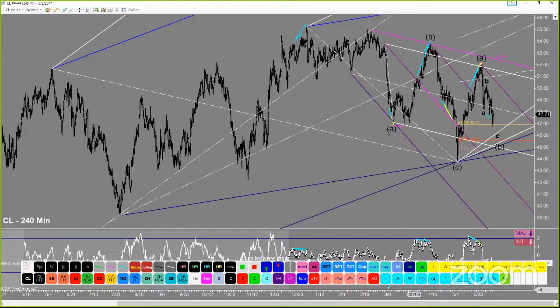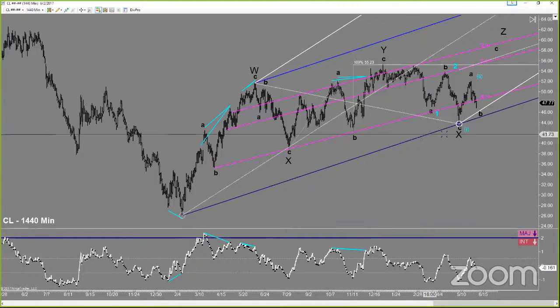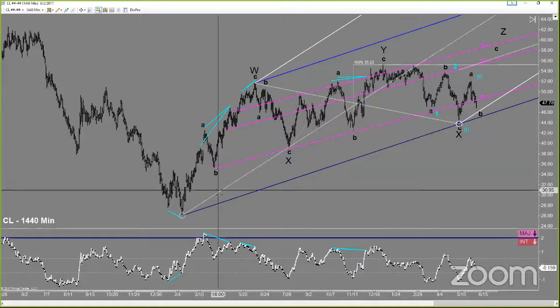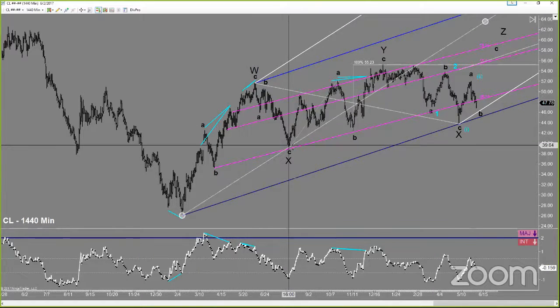Actually, let me show you that on the daily. So that's this large channel drawn from this February 4th low to this previous low. One good thing about this piece of geometry is that we used the center median line perfectly here at the low.